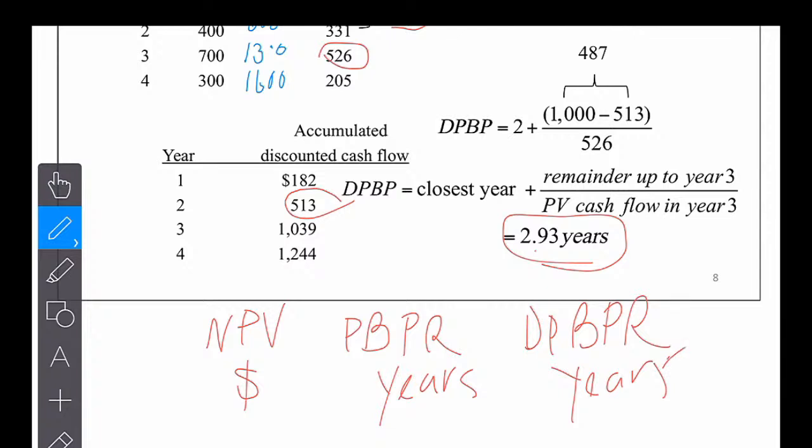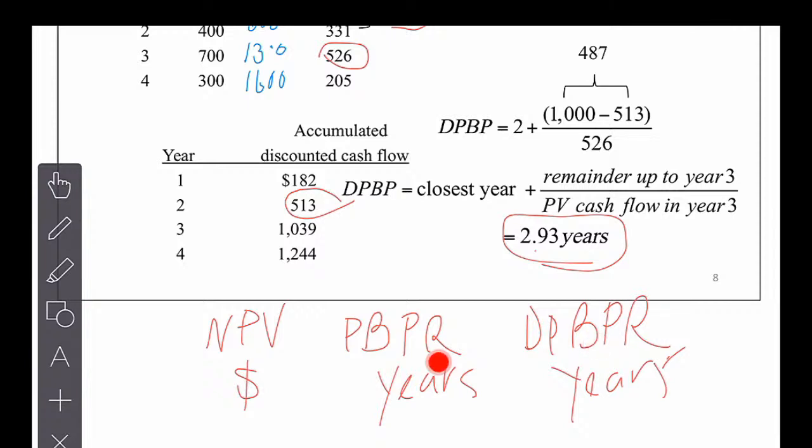And let's reflect a bit and think, why would we not use the payback period rule? Why would we choose NPV over the payback period rule, even the discounted payback period rule? So we know the difference between these and this, right? This is discounting, this is not.